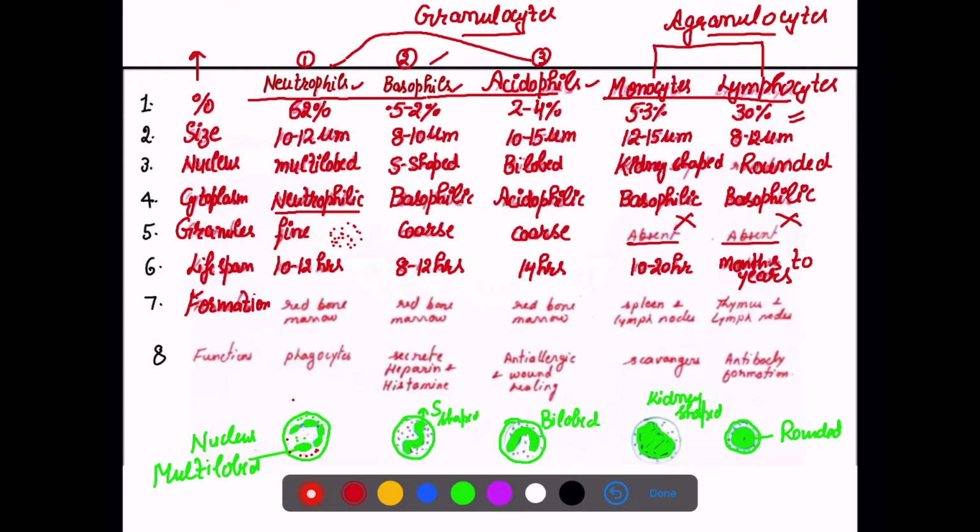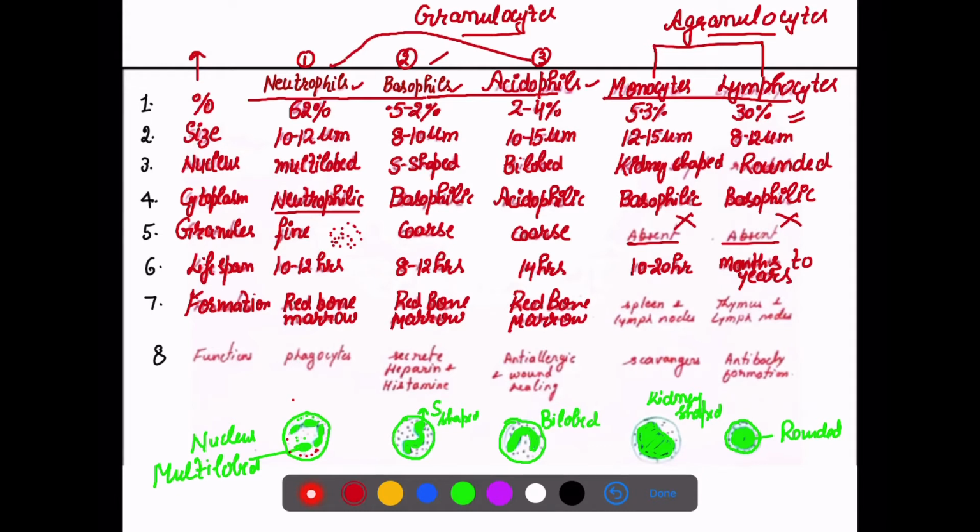So neutrophils are specific in their formation. They are formed by red bone marrow. Basophils are also formed by red bone marrow. Then acidophils are also formed by red bone marrow, right?